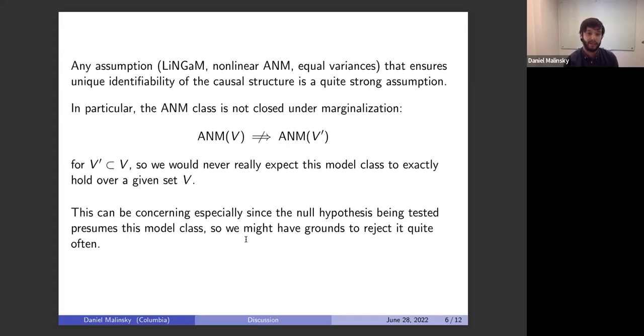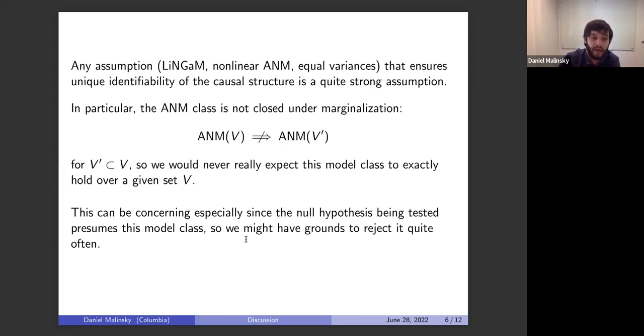In practice, any set that you give me I can think of as a marginalization of some bigger set. So one would never really expect this model class to exactly hold for any given set V, although people might reasonably think it's a good approximation in some particular setting.